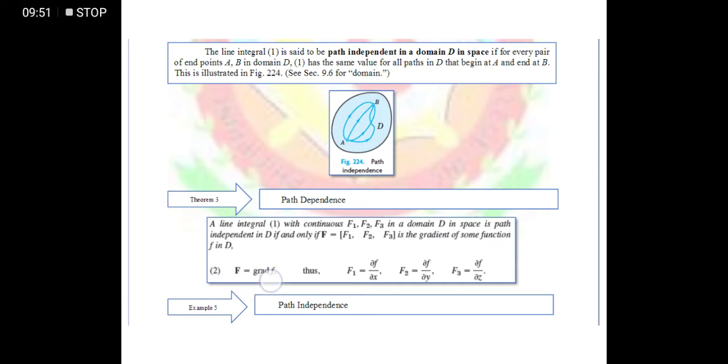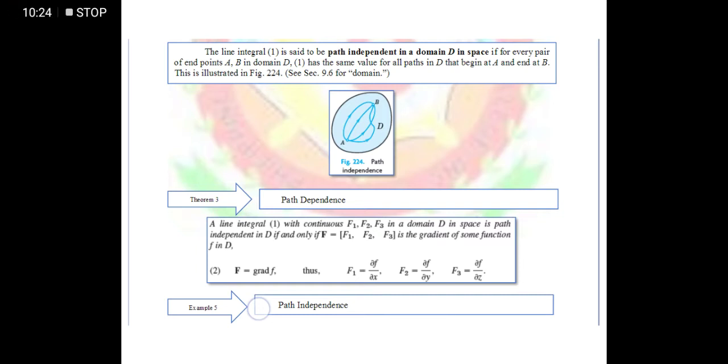So ibig sabihin nun, if your f1, which is the component of your F here na naka-boldface, is equal to partial of f with respect to x, and your f2 is equal to partial of f with respect to y, and your f3 is equal to partial of f with respect to z, ibig sabihin nun, your F is path independent.